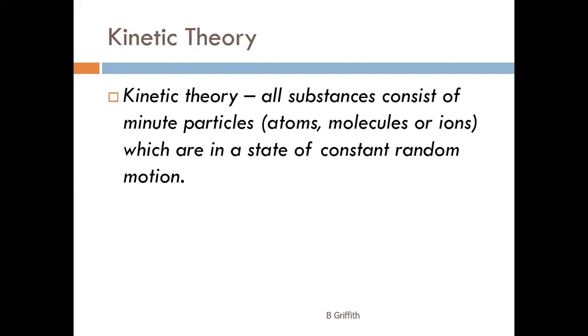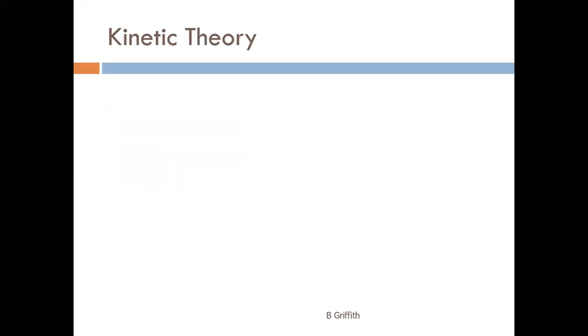And this last part here is critical when we start to talk about gases, which we will spend some time discussing today. So the overarching view of kinetic theory is that our substances are made up of small particles, and these particles are always in motion.